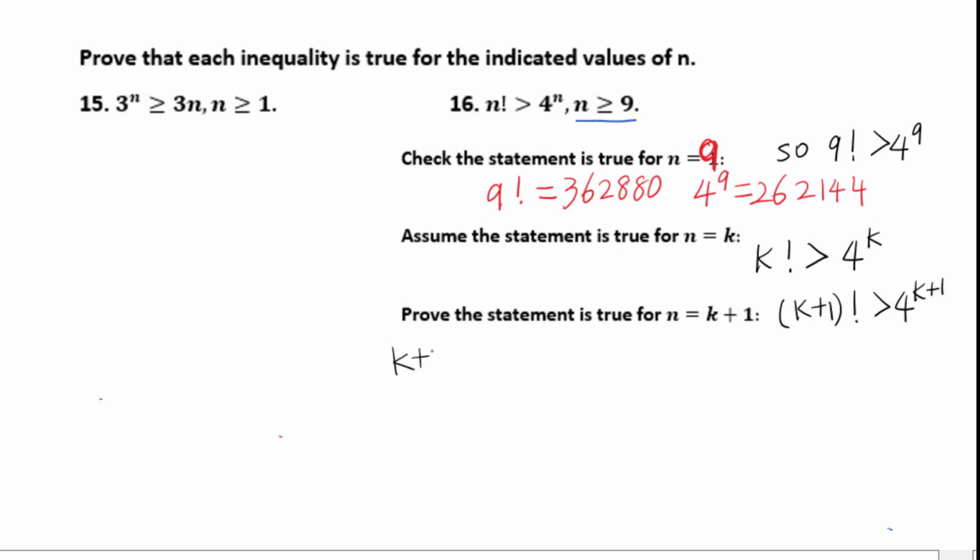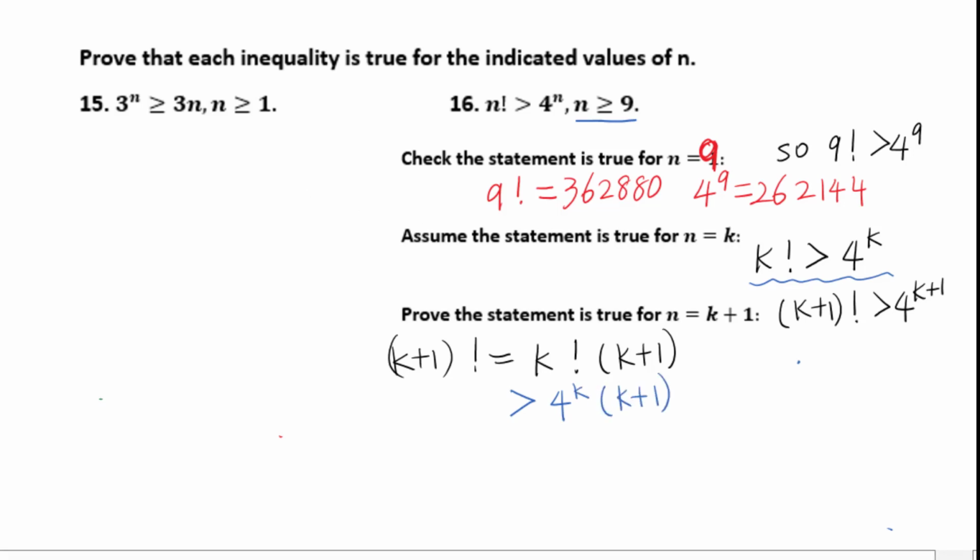For k plus 1 factorial, we can write down k factorial times k plus 1. We want to use this assumption. You have to create k factorial here. It's greater than 4 to the k's power times k plus 1.